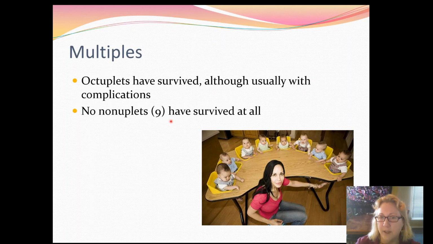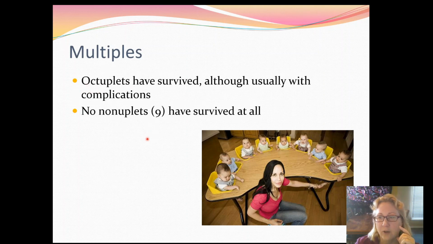There have been documented pregnancies of more than 8 babies, and none of those babies has survived at all, not a single one. They always miscarry too early for any of the babies to survive. And the same is true for most multiples above triplets.